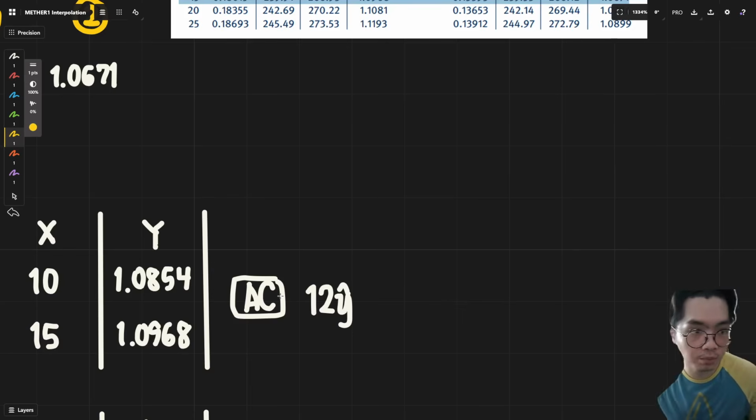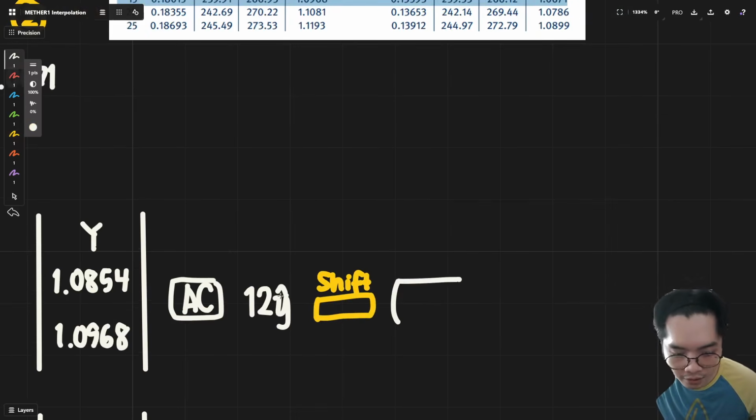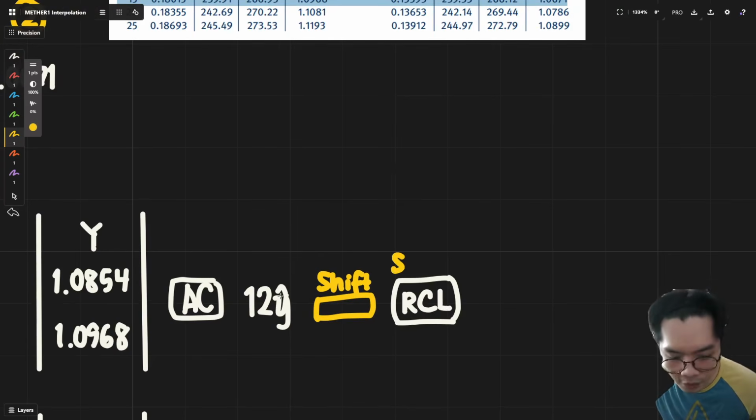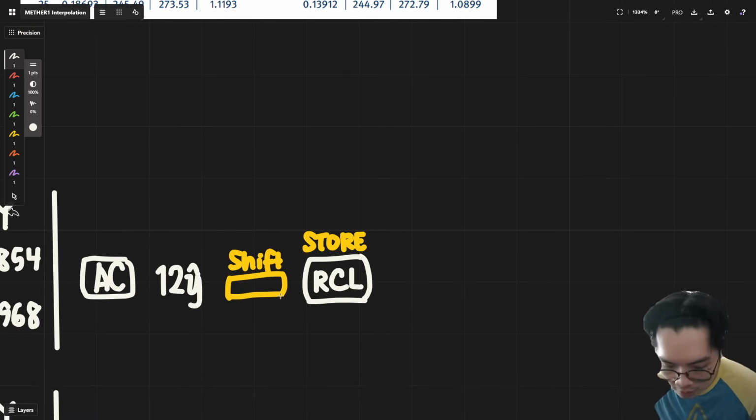So you can press shift and then you will see in here the letters RCL. RCL stands for recall, and on top of it should be STO. STO meaning store.